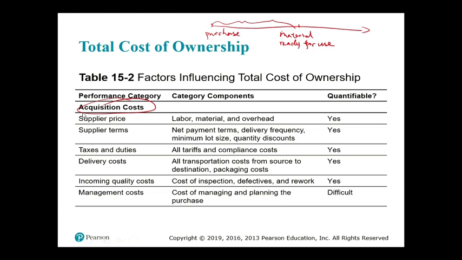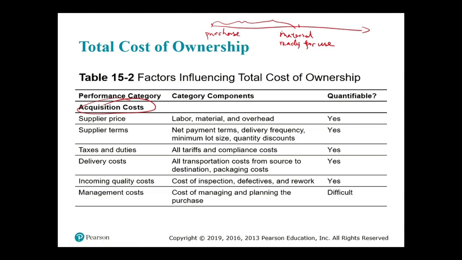So acquisition cost includes the price for the product, for the material, and also includes the terms of the suppliers, which may include any quantity discount or any requirements on the lot size, delivery frequency, or payment terms. Taxes and duties, this is particularly important if we're sourcing from an overseas location.